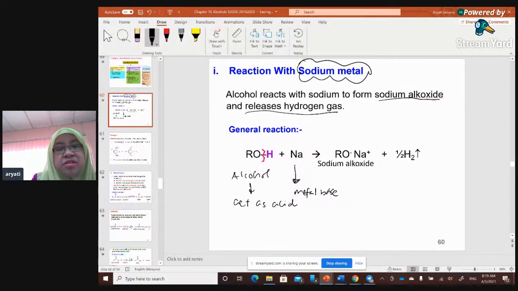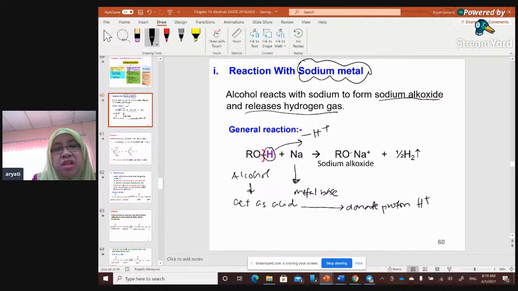We have learned in the first semester the definition of acid. Acid is a species that will donate proton H plus. So alcohol will break the bond between H and O by releasing or donating H plus. Then it will produce RO minus.